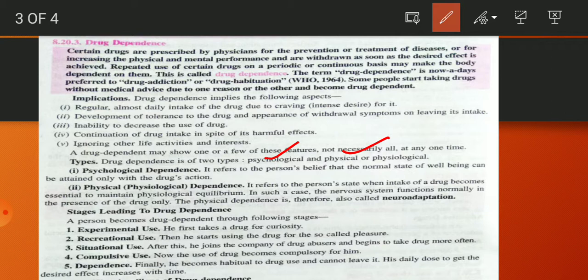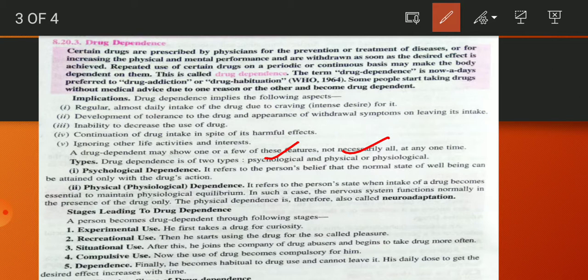Whenever we think that a disease is cured only after taking a particular drug or medicine, whether it is a normal disease, a viral infection or a bacterial infection, it depends upon psychological dependence. If that person believes so, the normal state may become complicated without taking that particular drug. So this is called psychological dependence.